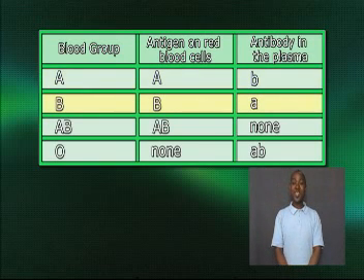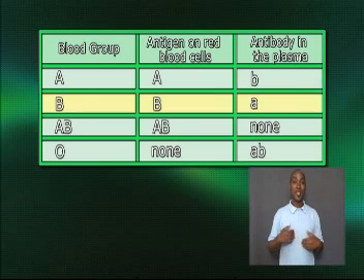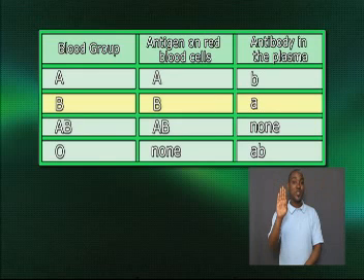Type B blood consists of antigen B and antibody A. Type B is compatible with type B and type AB blood.